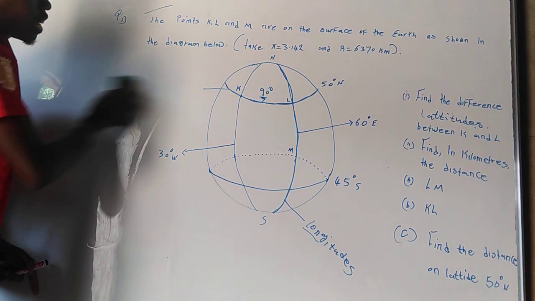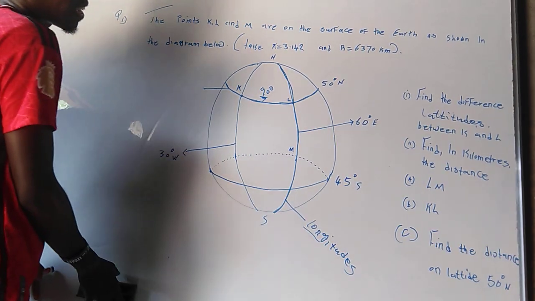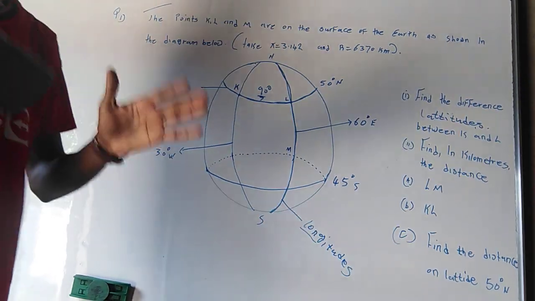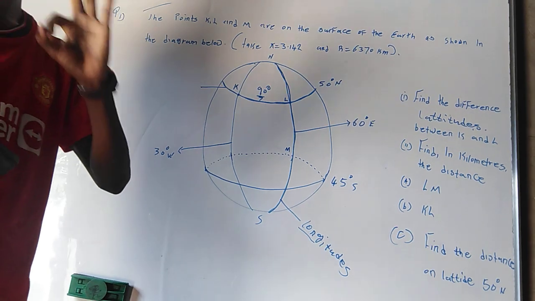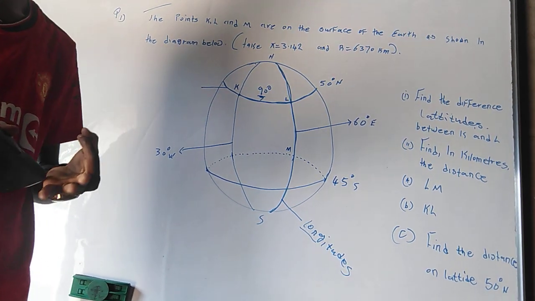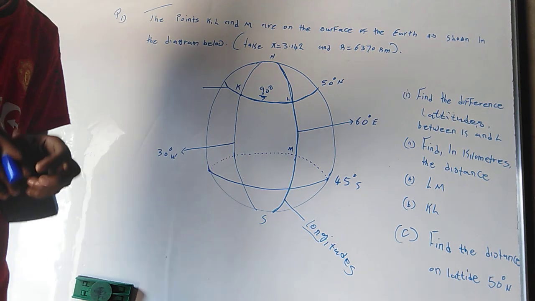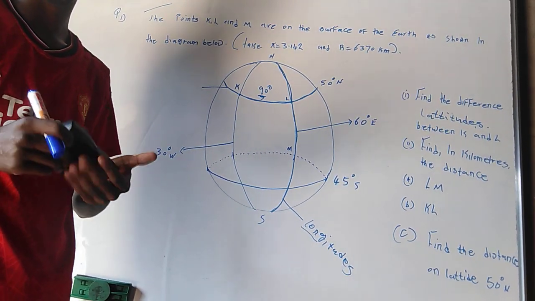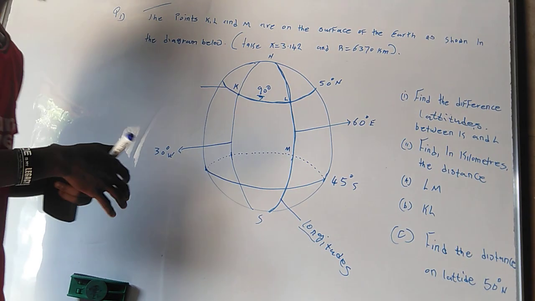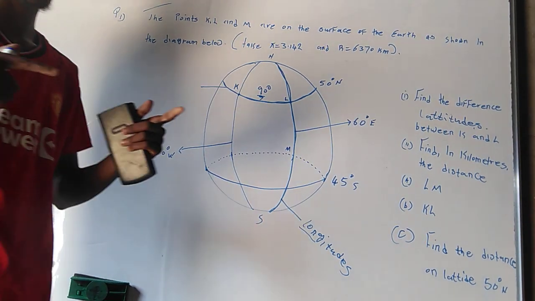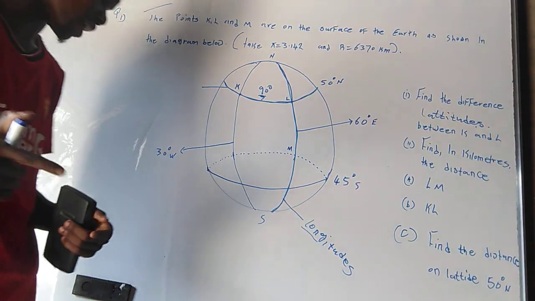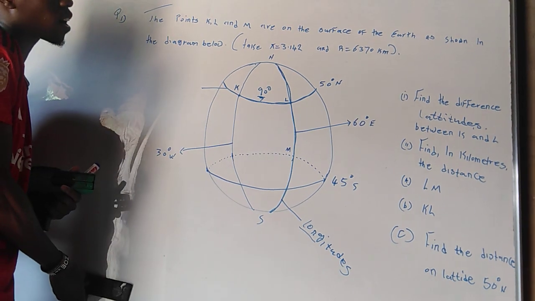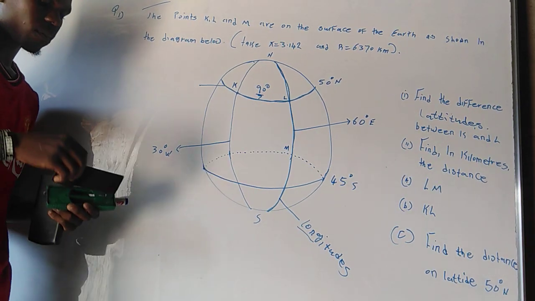Under coordinate geometry, there are three major important formulas that you and I need to know. These formulas are not provided or given to you in an exam; it's you who has to come up with them. The formula for distance along the latitude is different from the formula along the longitudes.